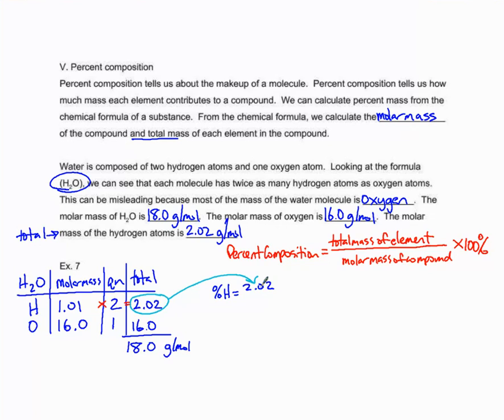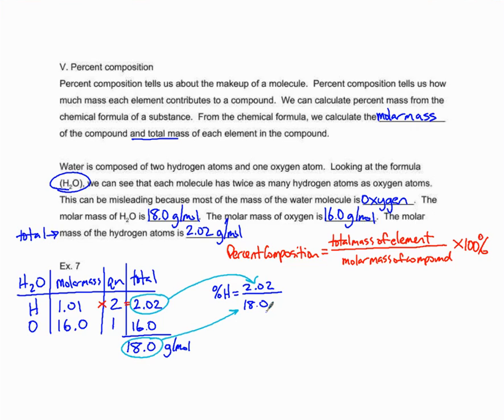It's grams per mole. And divided by the molar mass of the compound, 18.0, and that's also grams per mole.